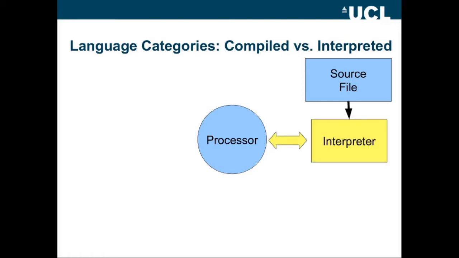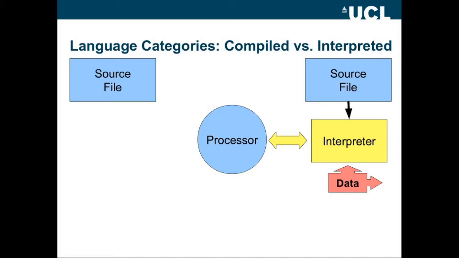And what happens is that has to run through a program called an interpreter, which talks to the processor. It interprets each line of the language that you have written, talks to the processor, reads in some data, outputs some data, based on the instructions. So your program itself is not talking directly to the processor at all, it's going via this interpreter.